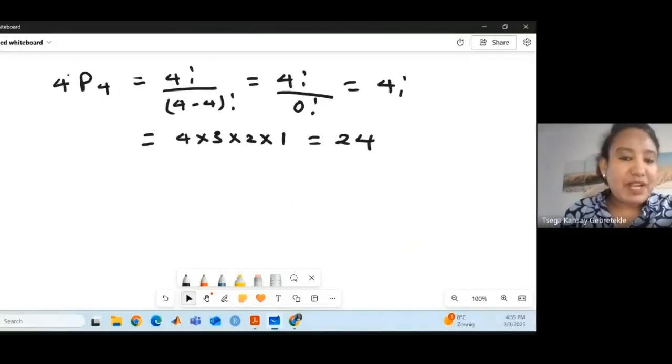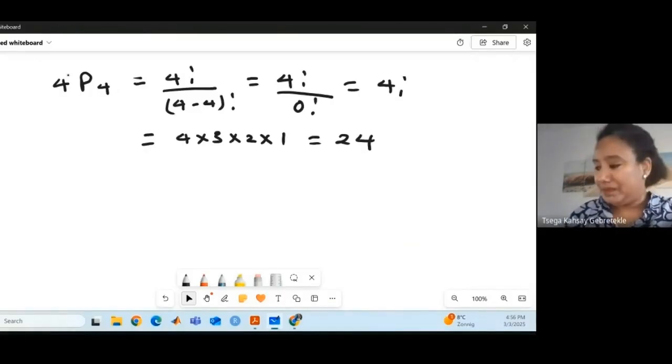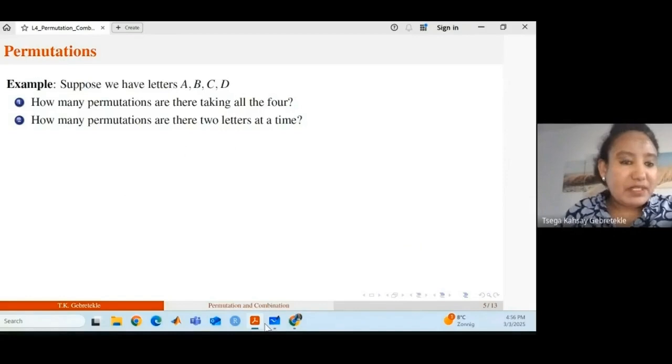When we say factorial, it means if we have n number of observations, n factorial is n times n minus 1 times n minus 2 times n minus 3, and so on. The second question says, how many permutations are there taking 2 letters at a time?